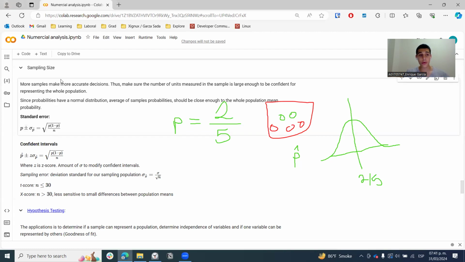All right, now the standard error is basically a characteristic of these probabilities from the sample.